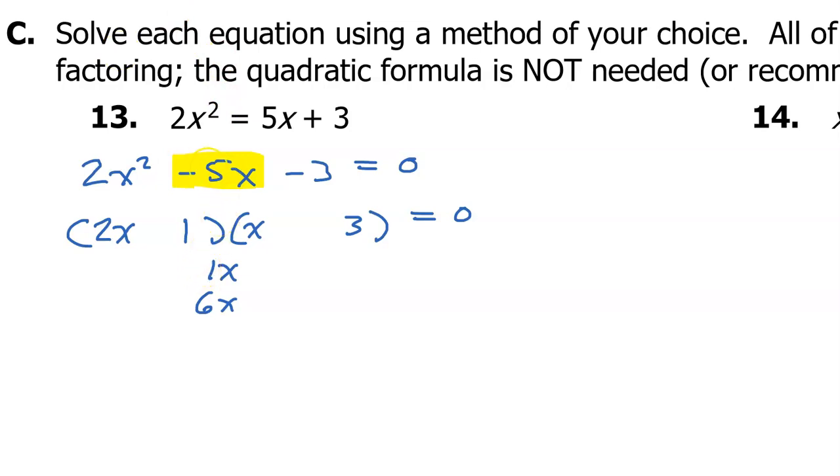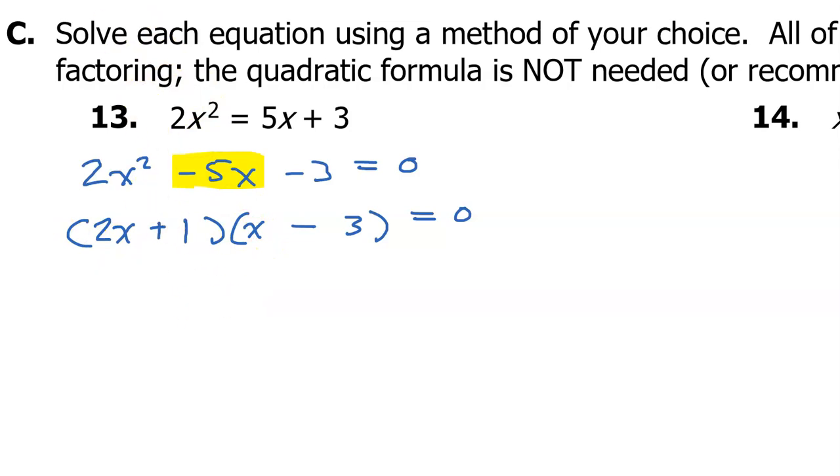I can get negative 5x if I have a positive 1 and a negative 6. So that would translate into a positive 1 here and a negative 3 there. I have to check one last thing. Does positive 1 times negative 3 make negative 3? It does. So there we have factored correctly.